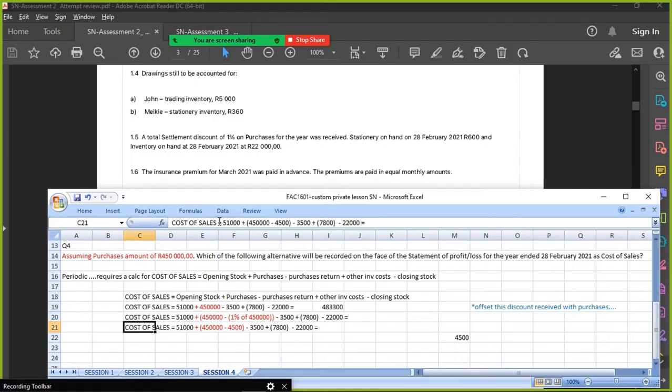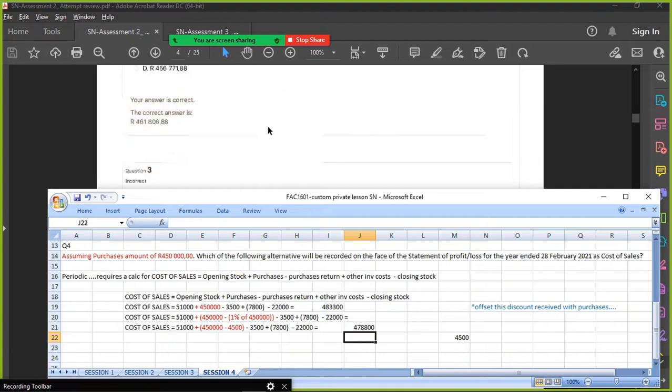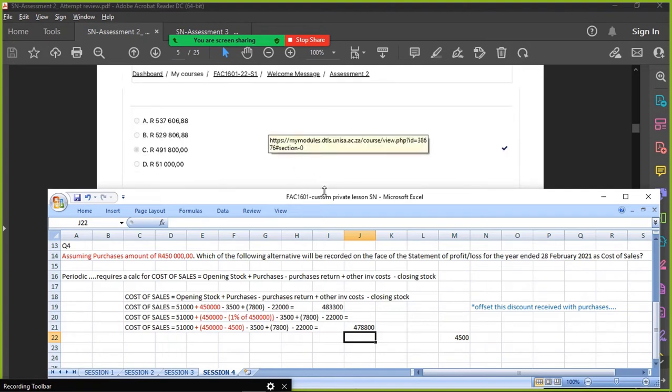So this new figure is going to be 478. So that's even lower than what we had here. Was there nothing else in the question other than that relating to inventory? I can't see anything else.